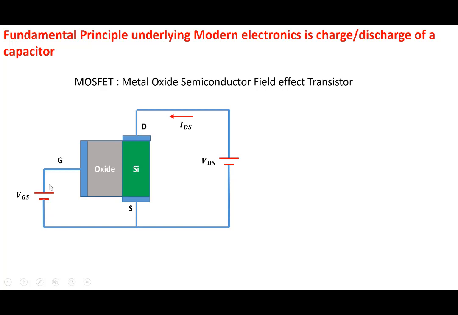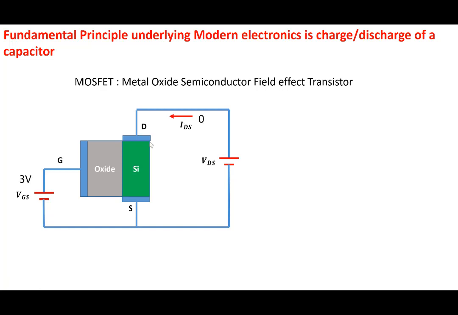When you don't apply any voltage, let's say this is 0 volt here, the number of electrons in silicon is so small, and the current is very, very low, almost negligible. So when you don't apply any gate voltage, VGS is 0, hardly any electrons here, and practically no current. I'll show you some real data a little later on.